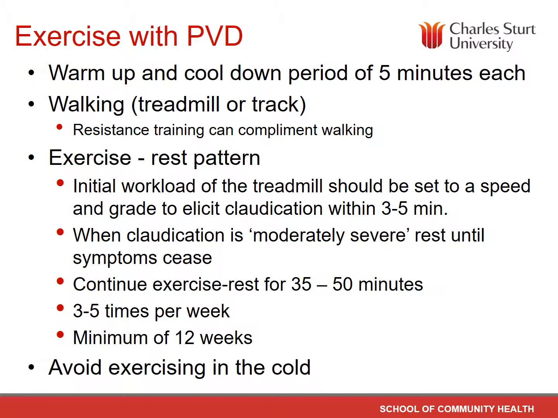So if there is claudication or that pain or cramping, rest until symptoms cease and then begin exercise again. So continual exercise, rest intervals for 35 to 50 minutes, 3 to 5 times a week. Like we see, a single bout of exercise is going to make a significant improvement. So if we can keep that frequency high, that's going to improve their health benefits for a longer period of time.